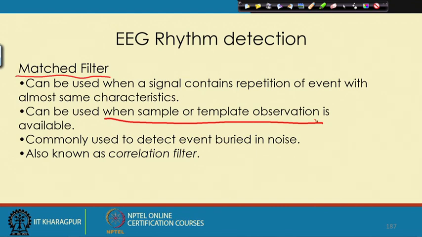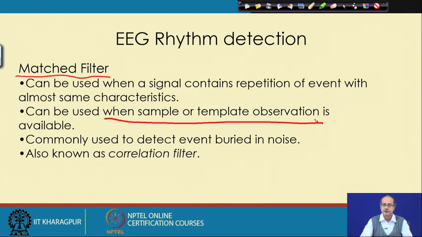The third thing is that it is primarily used when there is noise or artifacts. In fact, sometimes the signal is buried in noise. That means the noise is so much that we can hardly observe the event.